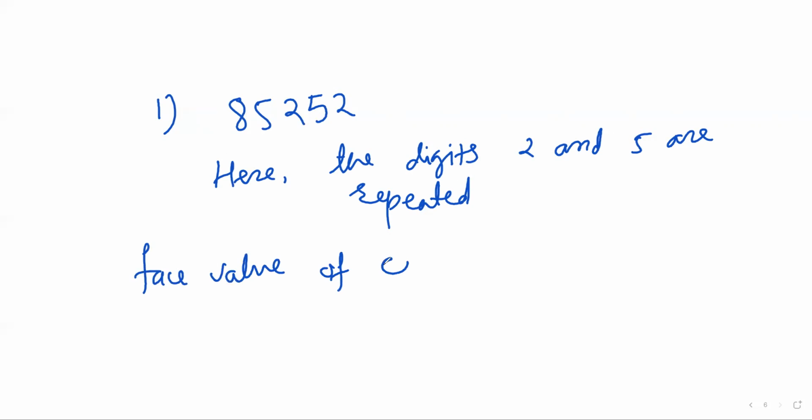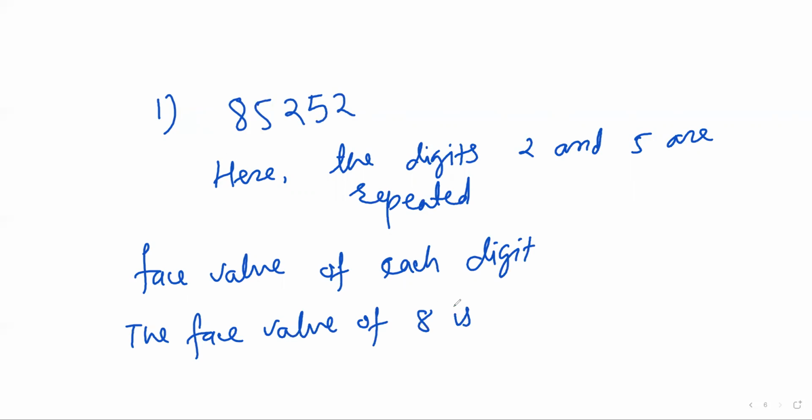Now, how to write the face value of each digit? As we know, face value is the value of the digit itself. Therefore, there will be no change in the face value of a digit. The face value of 8 is 8. The face value of 5 is 5.